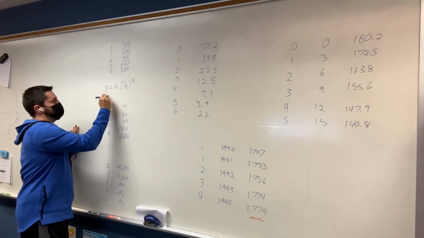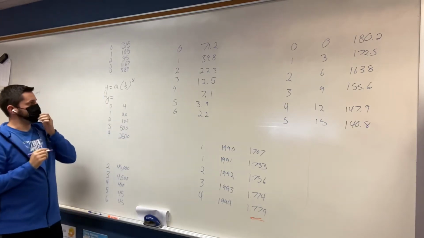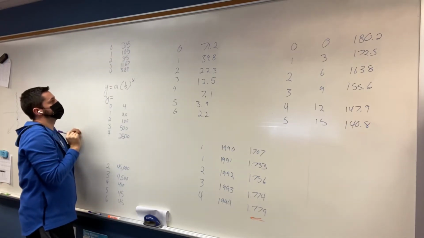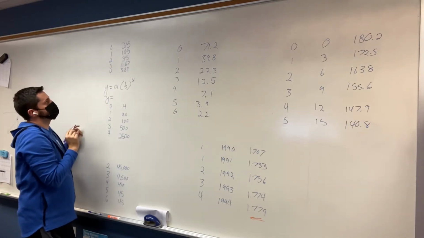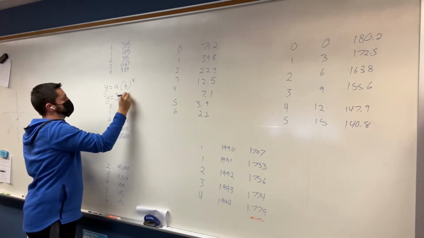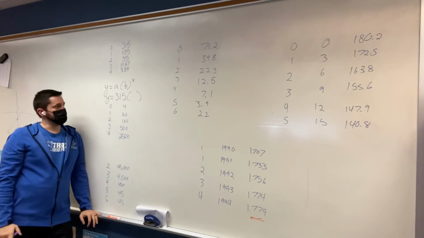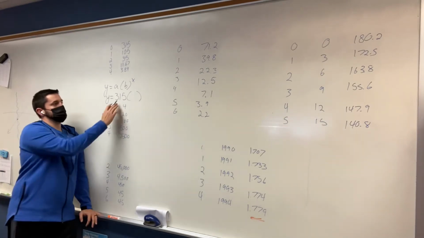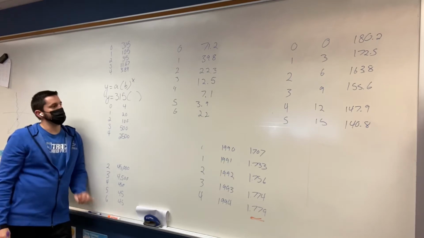And then y equals, what is the starting amount for this table? The starting amount is always the 0, so we have 315 as the starting amount, okay?